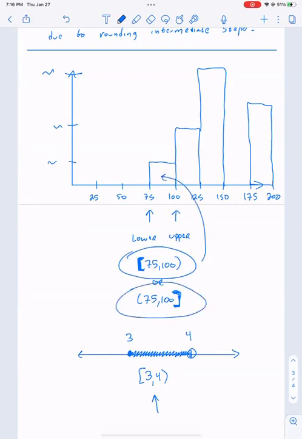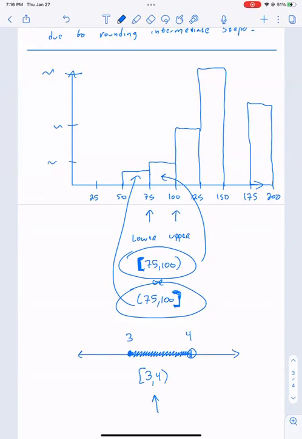If you're doing it the other way, 75 will land in the one to the left, because 75 is not in there when you have a parenthesis. It's in the one to the left. Whereas if we use the upper version, then if you get 75, we do include it. It's the one on the right.